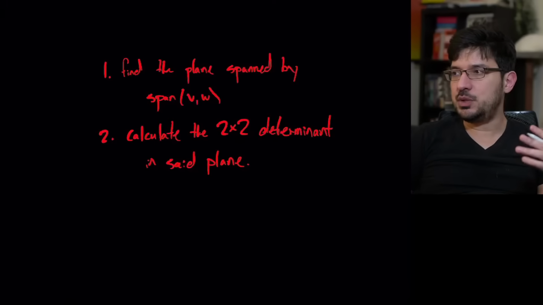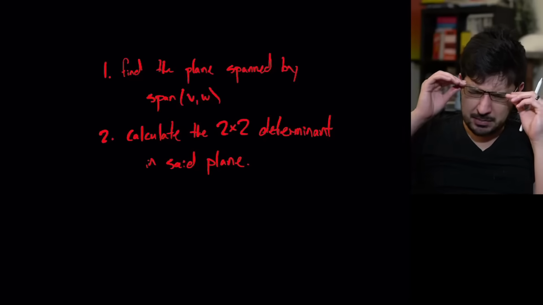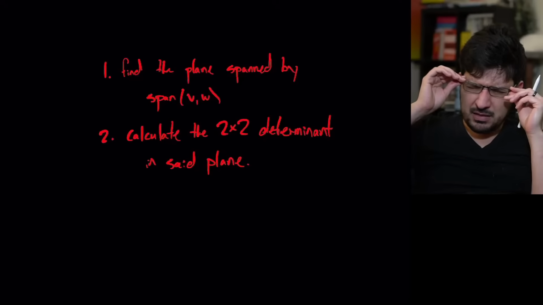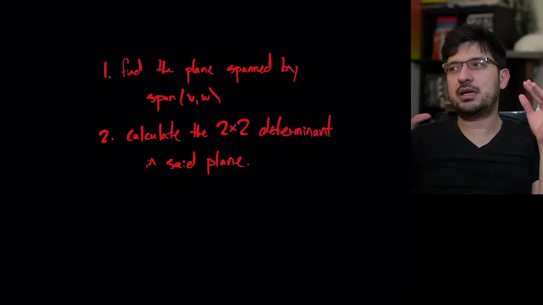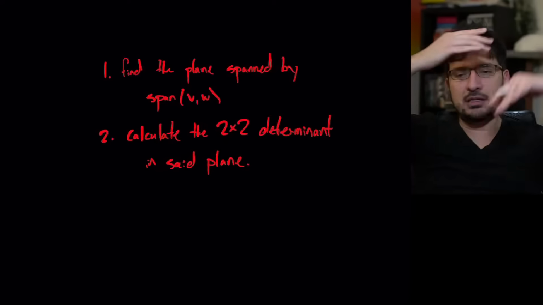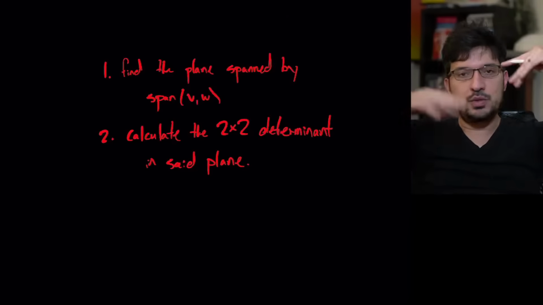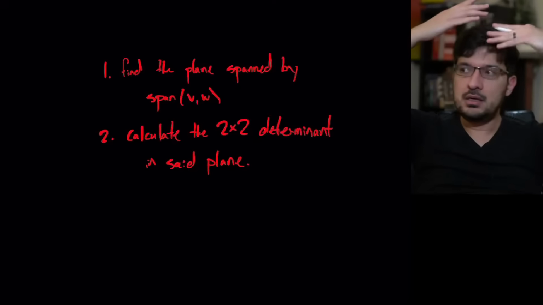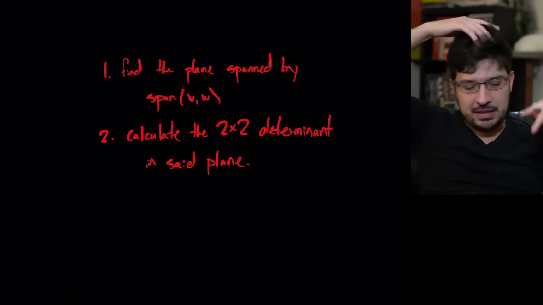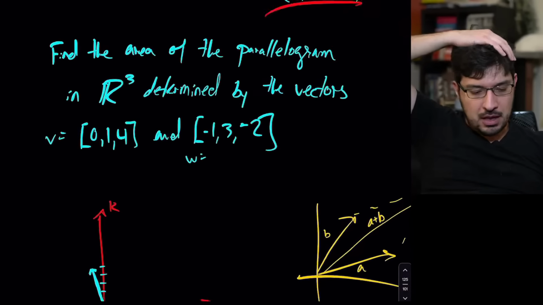Because a 2x2 determinant tells you the area of a parallelogram. So if we can find the area of the parallelogram in the plane that those two vectors span, then that would be the answer to this problem.